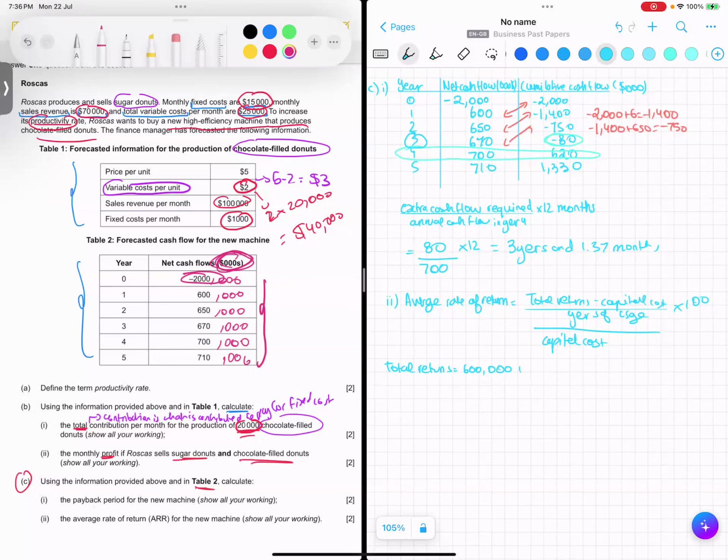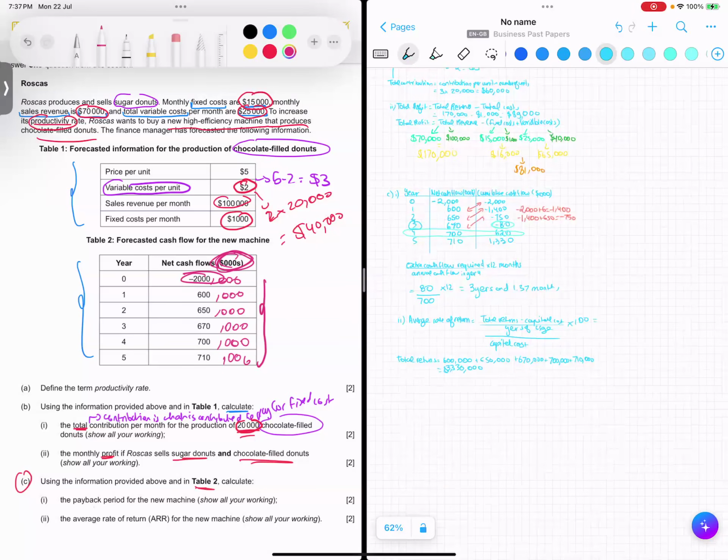So you do 600,000 plus 650,000 plus 670,000 plus 700,000 plus 710,000. Okay, so now you just add everything, right? So we get $3,330,000. Okay, so this is your total returns.